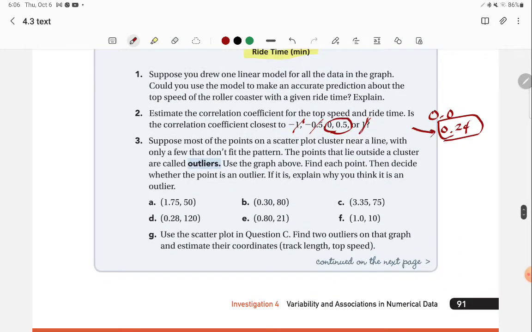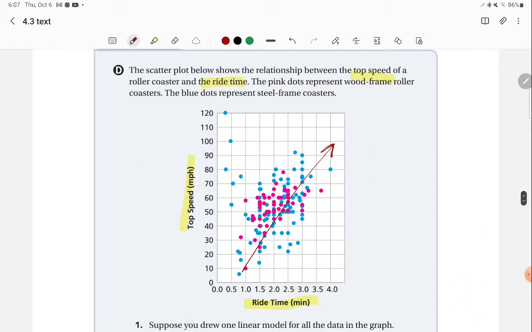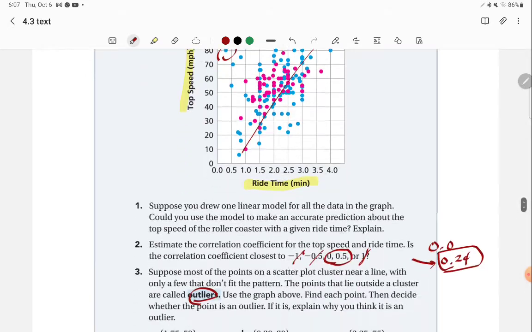Number 3, suppose most of the points of the scatter plot cluster near a line, with only a few that don't. The points that lie outside the cluster are called outliers. So in this case, some of these would be your outliers. They're way outside of the typical data points.